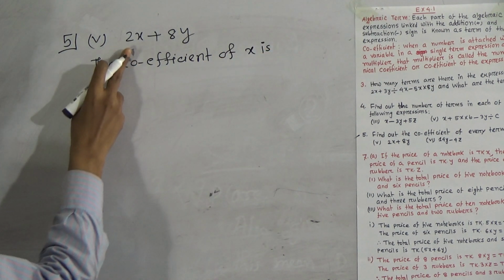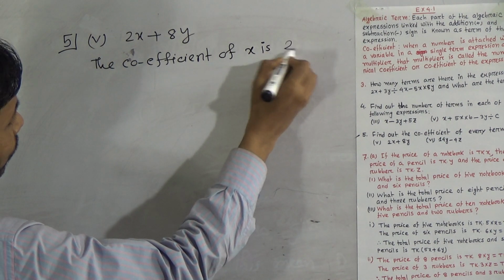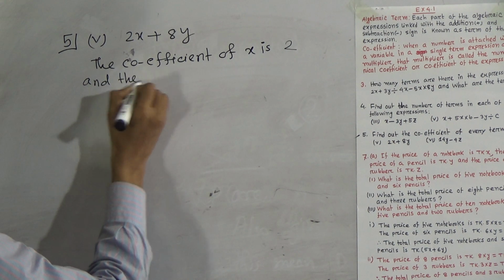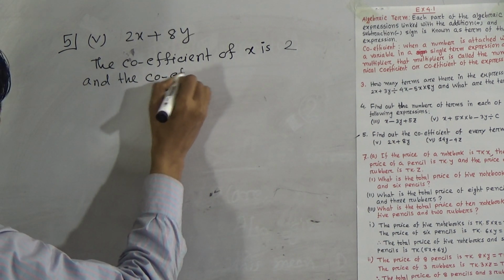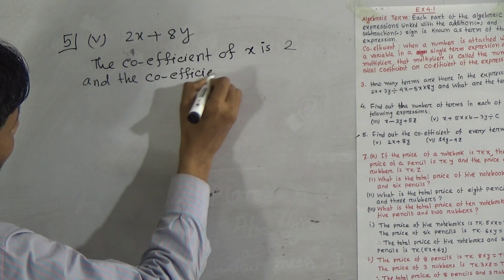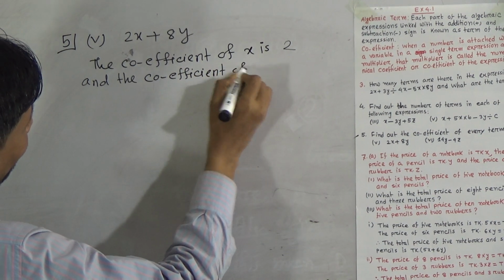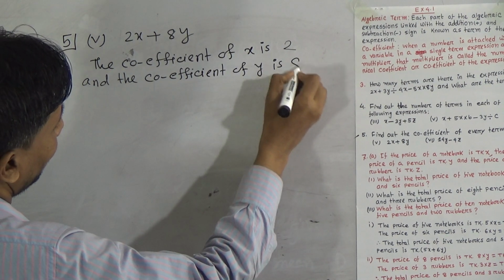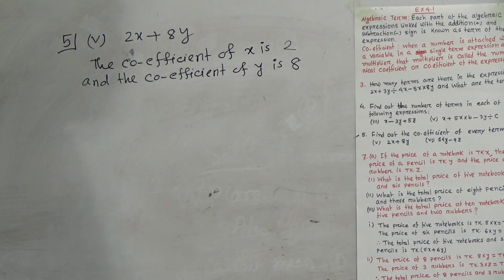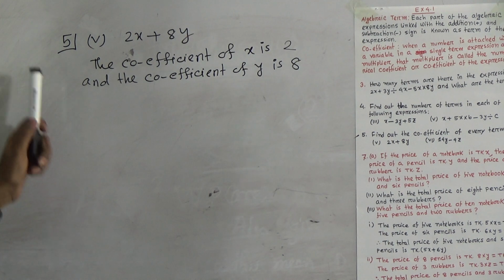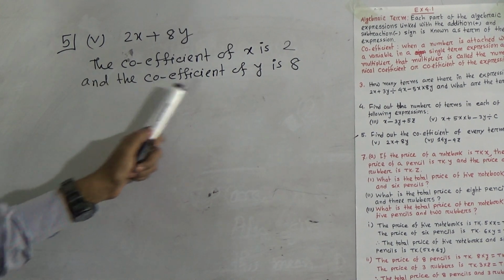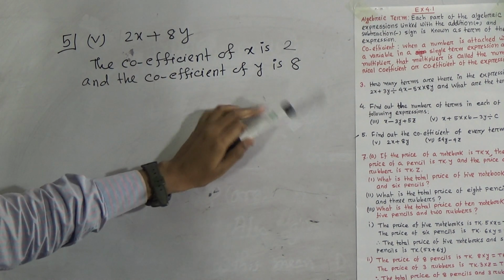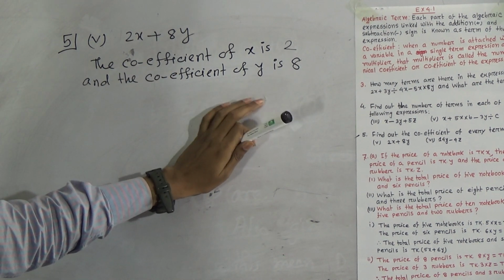The coefficient of x is here 2 and the coefficient of y is here 8. Okay, student, look, question number 5b, the coefficient of x is here 2 and the coefficient of y is here 8.